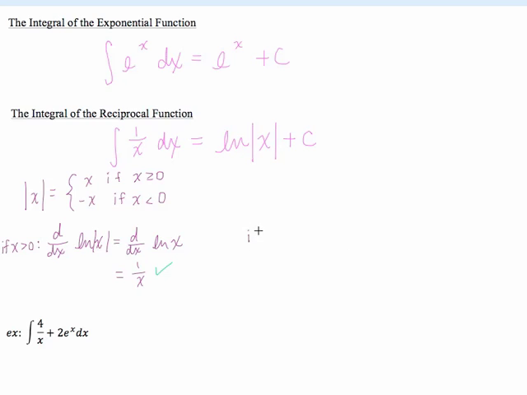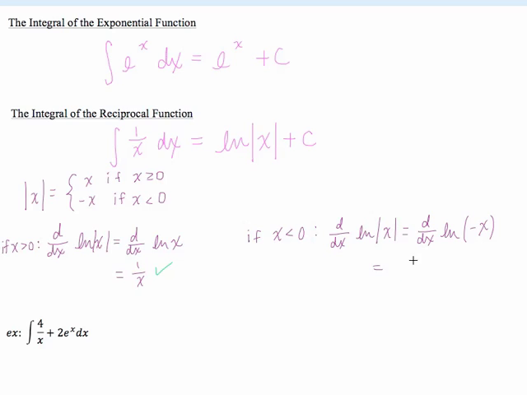Now, if x is less than 0, then the derivative of our answer, the natural log of the absolute value of x, can be written as the derivative of the natural log of negative x. That's because when x is less than 0, the absolute value of x is defined by negative x. For the derivative of the natural log of negative x, we use the chain rule, where negative x is the inside function.